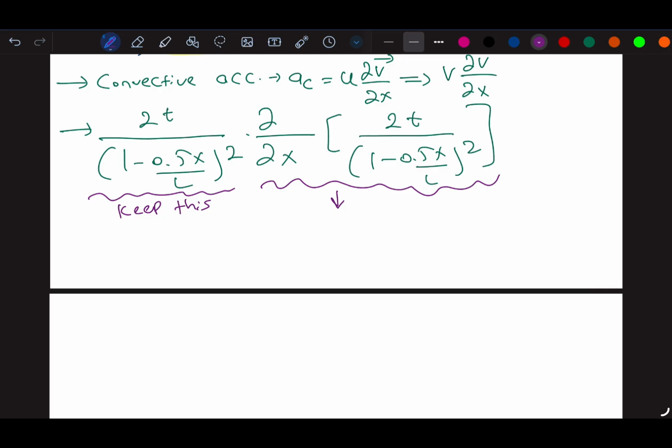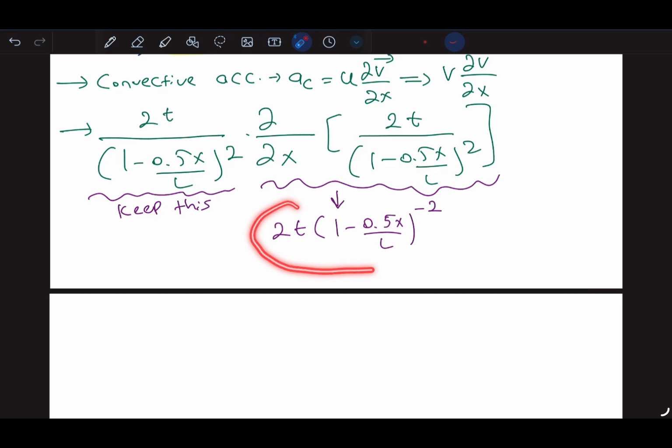So this is actually 2t times (1 minus 0.5x over L) to the power of minus 2. We are writing that term in this form because we can do the calculation more easily.